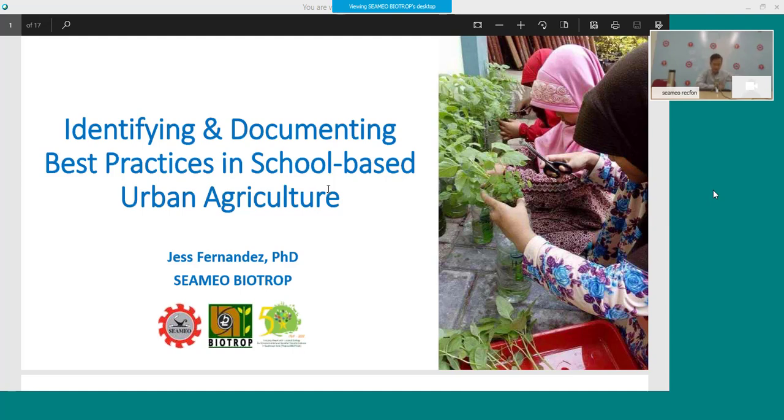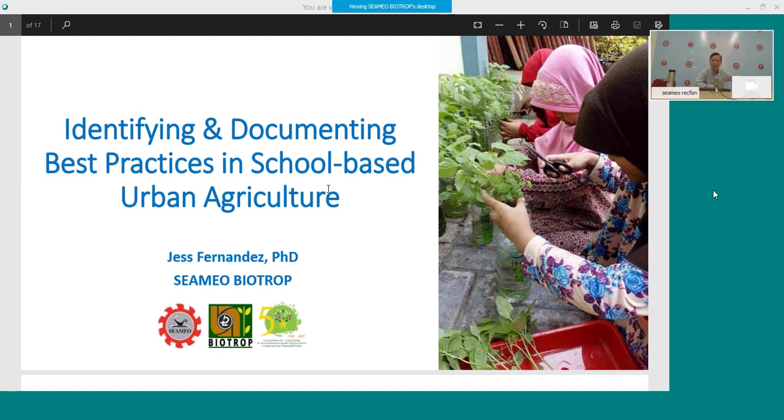We don't have any other participants from other Southeast Asian countries, but nevertheless, this is a good opportunity to exchange experiences on how you have been implementing your urban agriculture activities and how to document them, specifically the best practice that we would like to share with our students and also to neighboring schools around us.